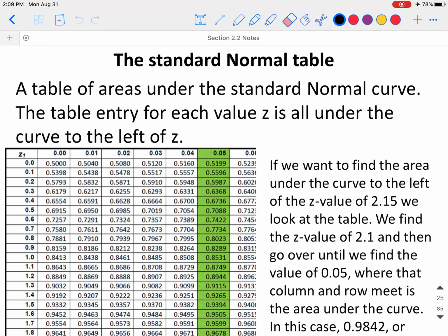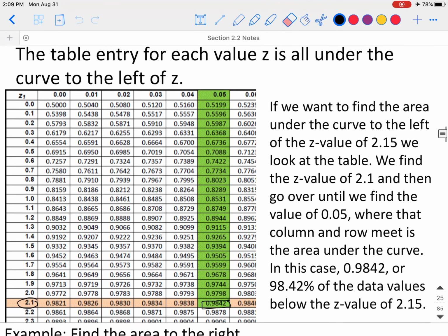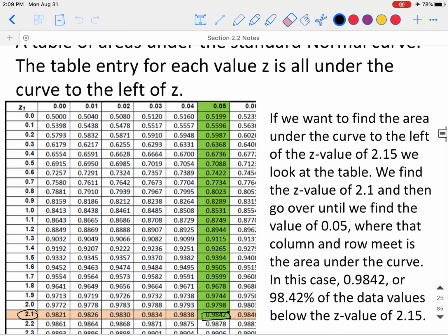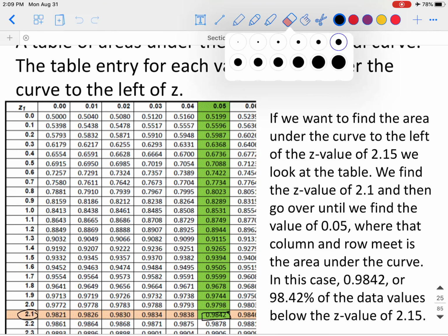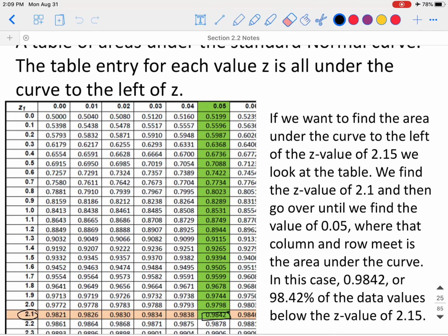So when you look at a standard normal table, it's going to tell you the area to the left of that z-score. So if we need to find the area to the left of 2.15, the first thing you're going to do is find the z-value.